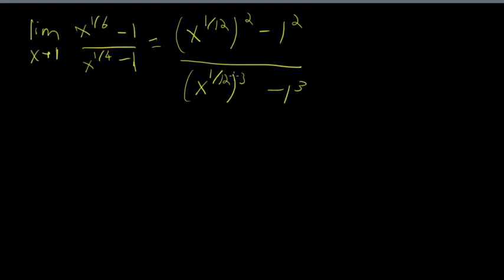So x to the 1/12 cubed is x to the 1/12 times 3, and it's the 1/12 that's being multiplied by 3. That would be x to the 1/12 times x to the 1/12 times x to the 1/12, or x to the 3 times 1/12, which is x to the 1/4.